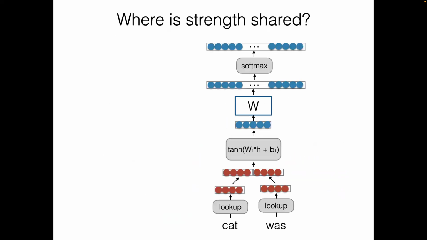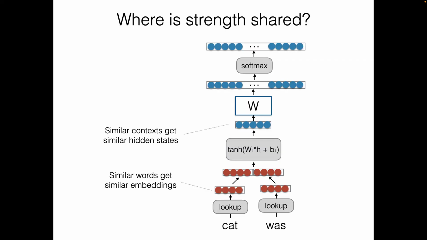Okay, so one other quick notion here is this idea of sharing strength or having notions of similarity. Here you could imagine that let's say similar words end up getting similar embeddings after learning. Then similar contexts get similar hidden states.